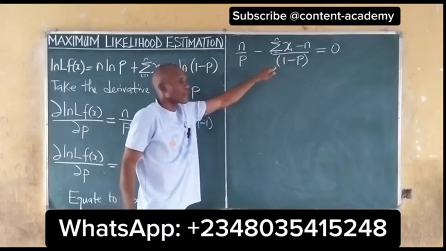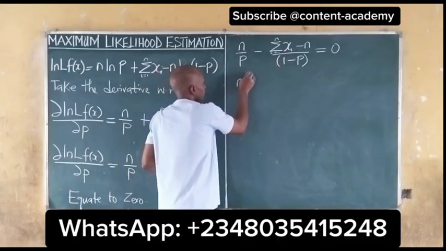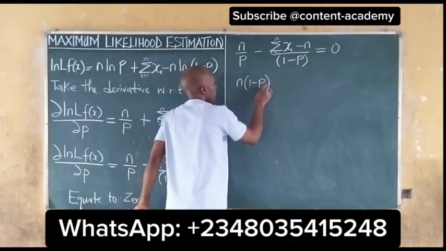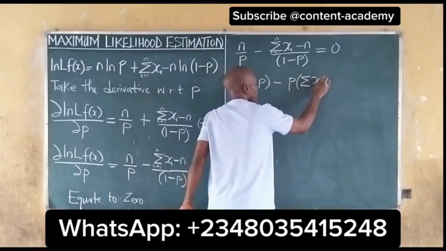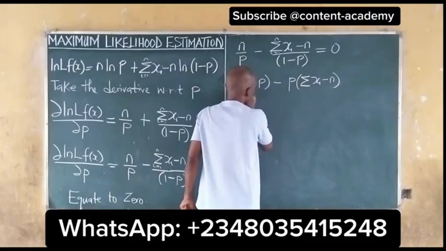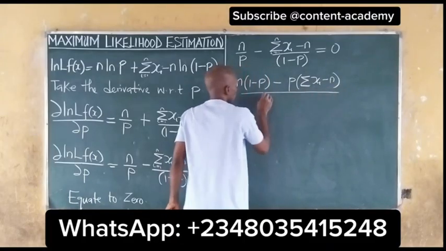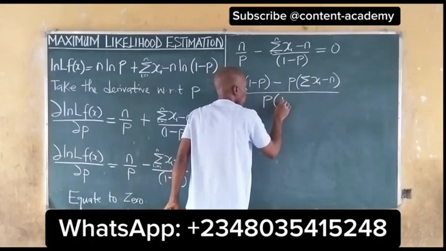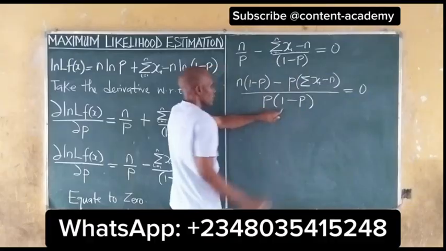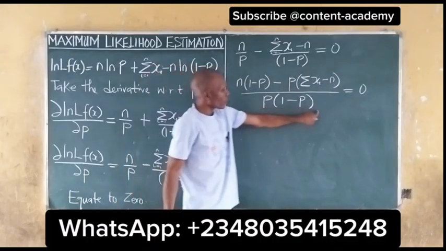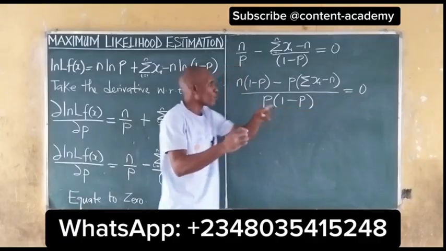If we cross multiply, we'll have n into 1 minus p minus p into summation of xi minus n, all over p into 1 minus p. Of course, if you take the LCM of this and this, you get this. So this already will multiply 0 to become 0.